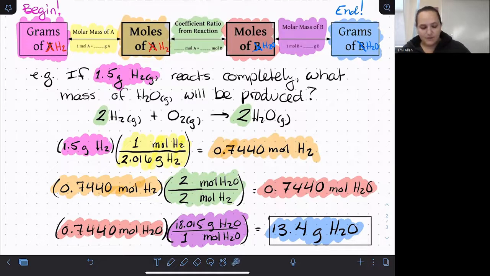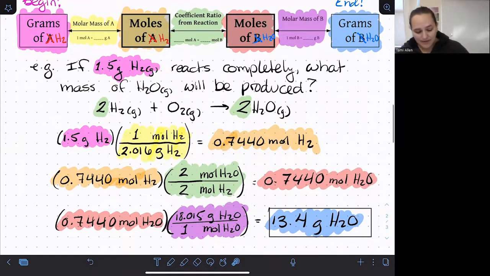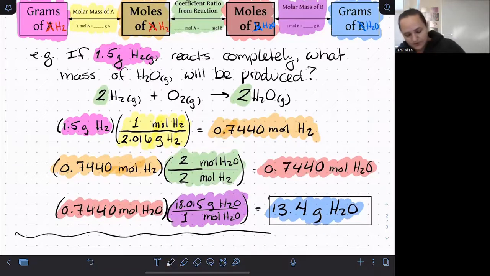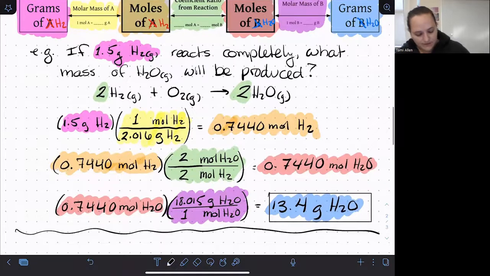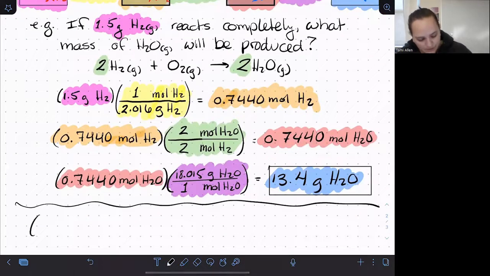So we can see that we're following the steps in order here, going through each of these conversions using the appropriate conversion factor. We could also write this out all in one step, and that would be totally fine, and we can see how everything cancels there as well. So we could do the exact same process in one line, that we're starting with 1.5 grams.